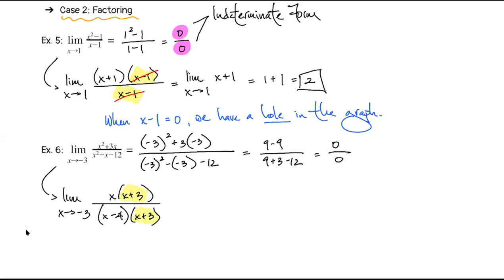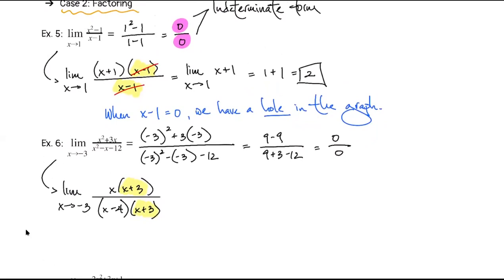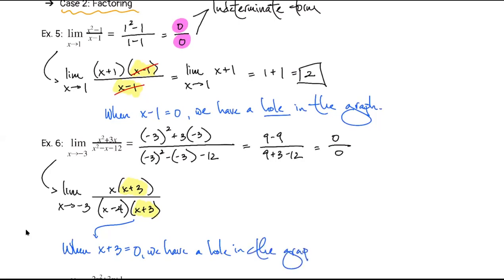There's that common factor, right? That common factor is the problem, because this factor tells us that when x plus 3 equals 0, we have a hole in the graph.